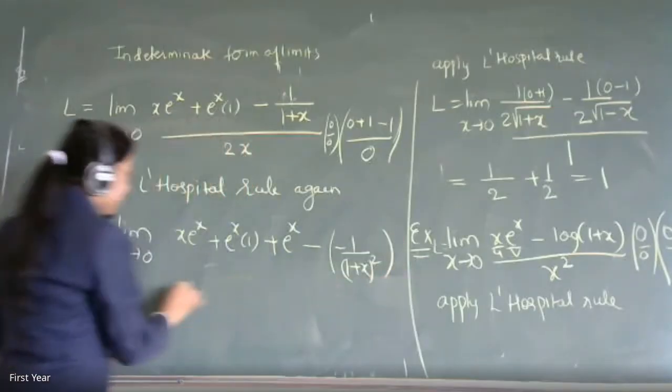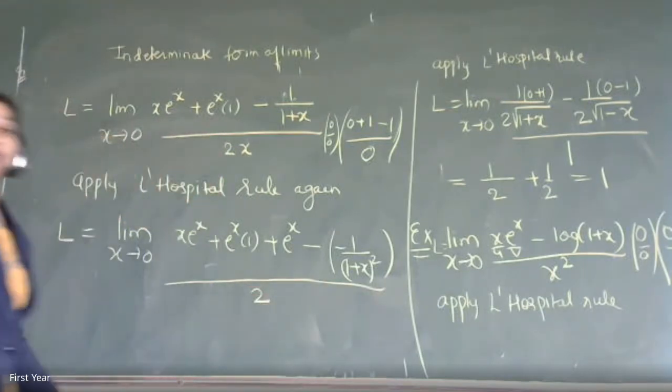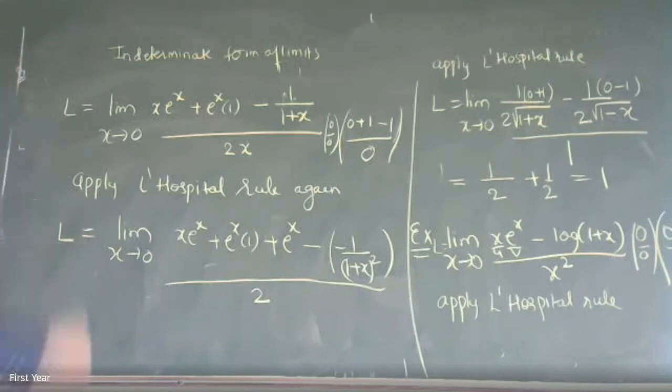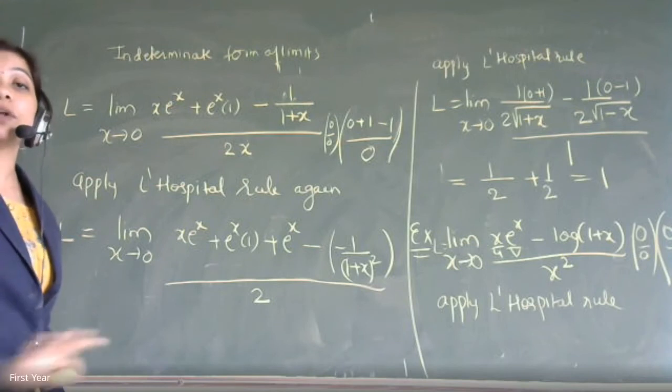Minus 1 upon 1 plus x the whole square. Very good, very good. So see, this way if you clearly practice it, then your derivative also become perfect. So x e raised to x plus e raised to x plus e raised to x, minus of minus plus, divided by 2. So now you are definitely going to stop. इसके बाद आंसर आएगा ही आएगा क्योंकि डिनोमिनेटर फाइनाइट हो गया.